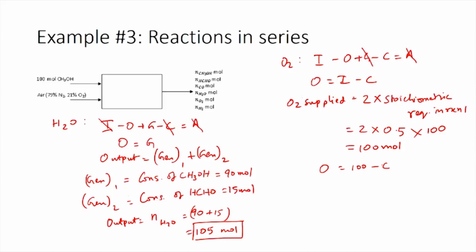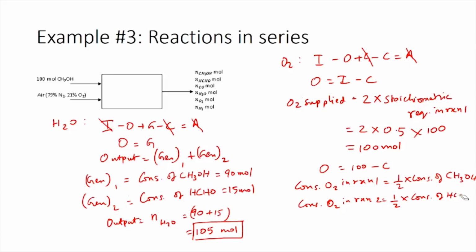Now, let us look at what the consumption would be. Consumption of oxygen in reaction 1 would be half the generation of formaldehyde or half the consumption of methanol. So, this would be half times consumption of methanol, and consumption of oxygen in reaction 2 would be half the consumption of formaldehyde in the reaction.